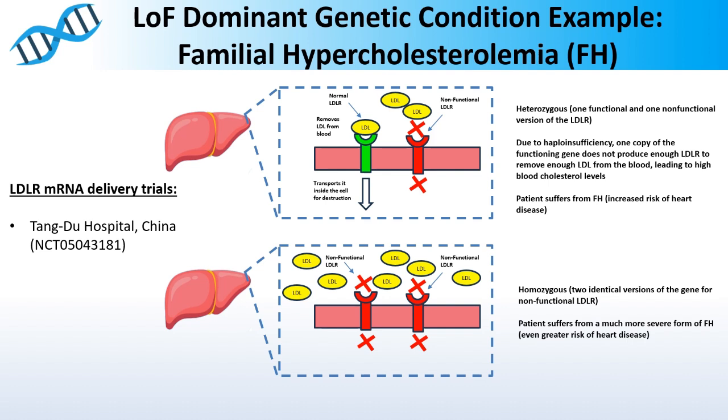And this mRNA based approach towards treating FH has got as far as phase 1 clinical trials, but there hasn't really been any update on the results yet. But overall, there hasn't been a huge movement towards LDLR replacement using mRNA as a means of treating FH. And this may be because there's already some approved gene silencing drugs out there that can tackle the problem in a more indirect manner by targeting another protein in a way that can benefit individuals that have a non-functional LDLR gene.